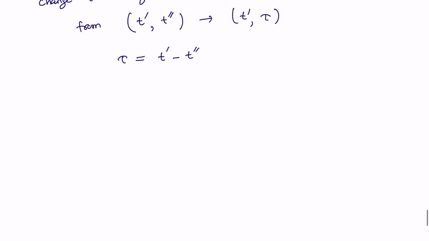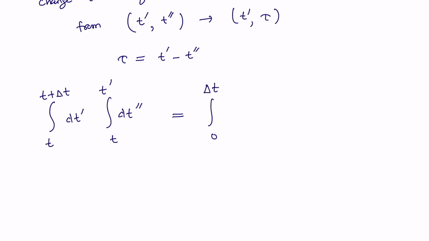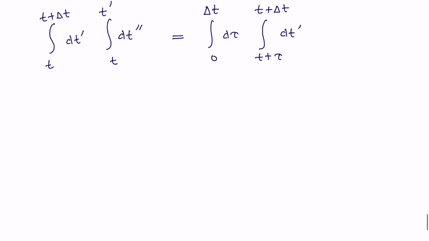Then the integration from t to t plus delta t dt dash, from t to t dash dt double prime, would become the integration from 0 to delta t d tau, from t plus tau to t plus delta t dt dash. Let me explain why I can write it this way.